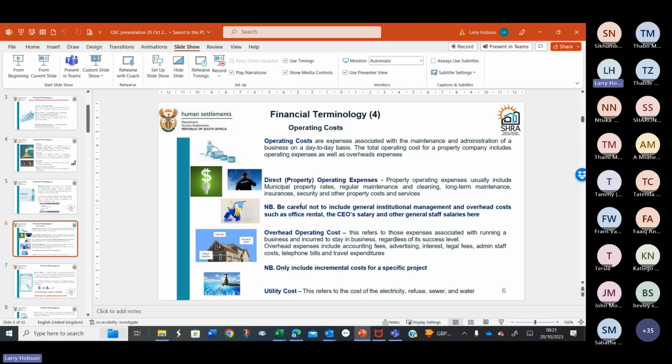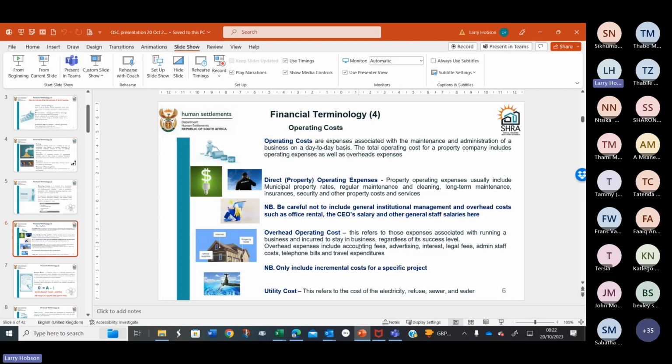The note here is to be careful not to include the institutional management and overhead costs, such as office rental, CEO's salary, and other general staff. Those go into the overhead costs, which are things like accounting fees, advertising, interest, legal fees, admin staff costs, telephone bills, and travel costs.